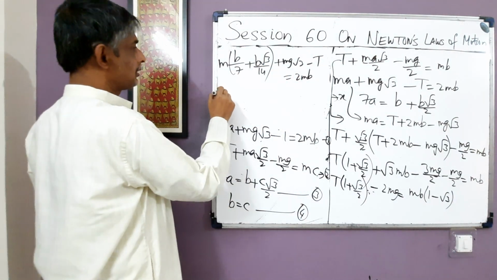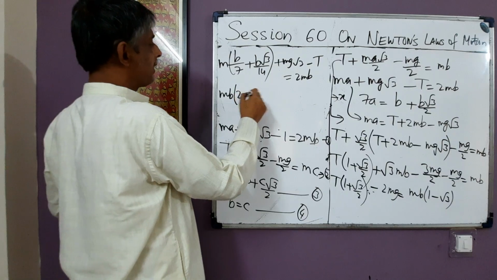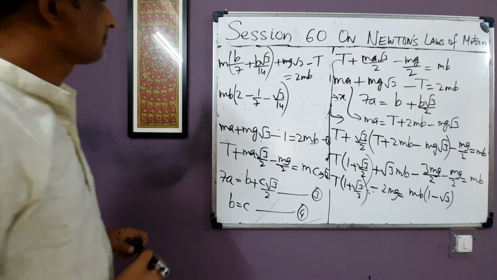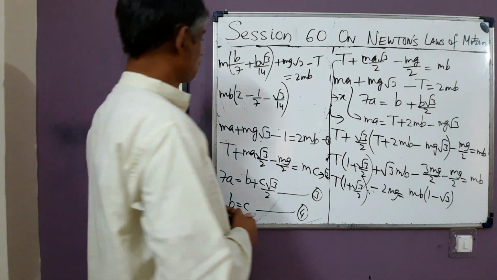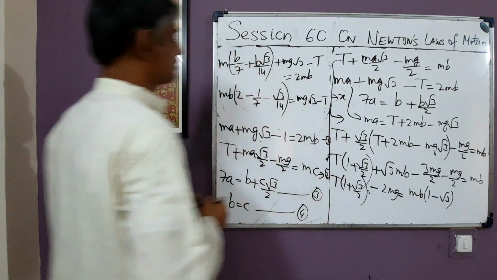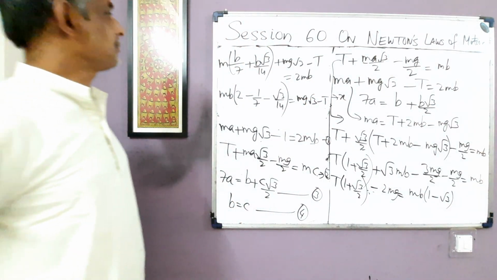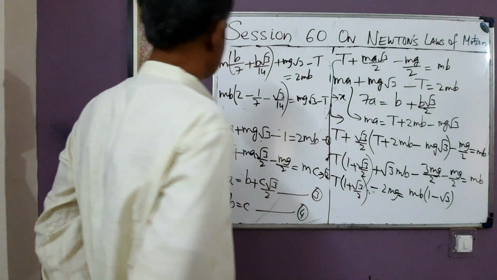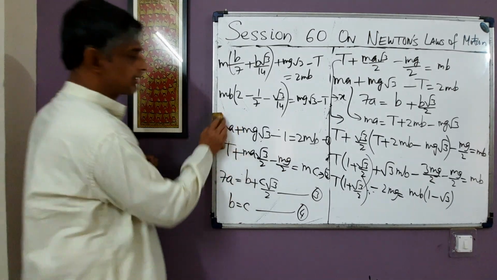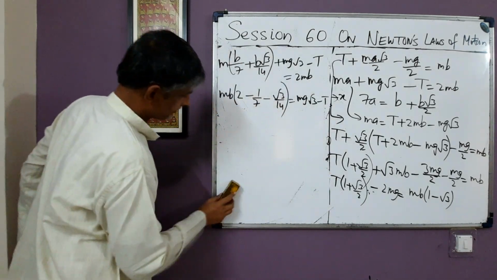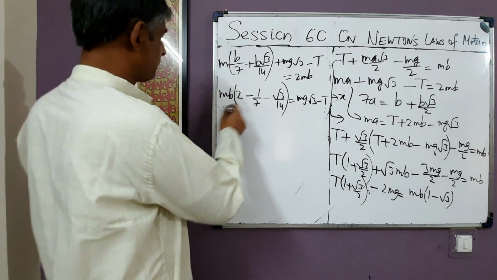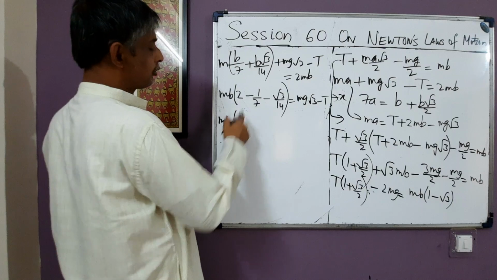How much it becomes? mb 2 minus 1 by 7 minus root 3 by 14. mb I take common, 2 minus 1 by 7 minus root 3 by 14 is equal to mg root 3 minus T. So we get how much? 2, 7, 14.